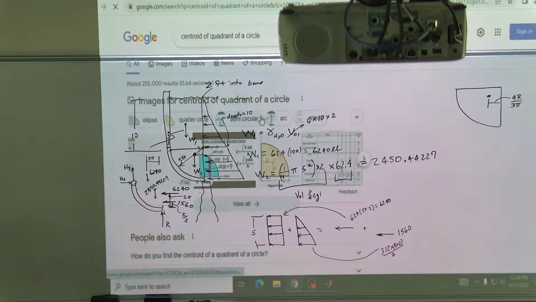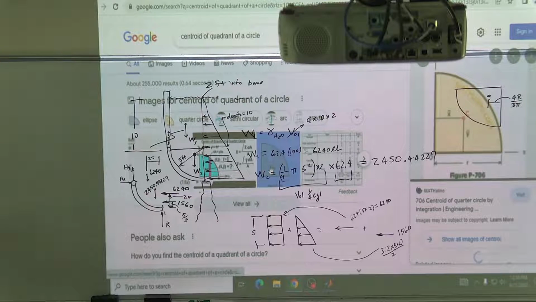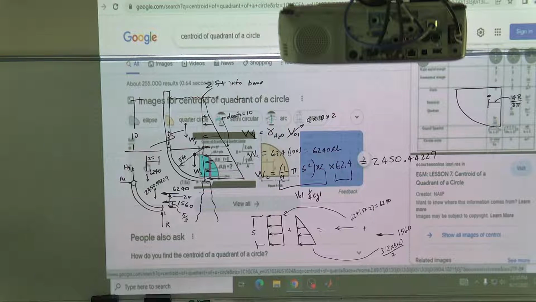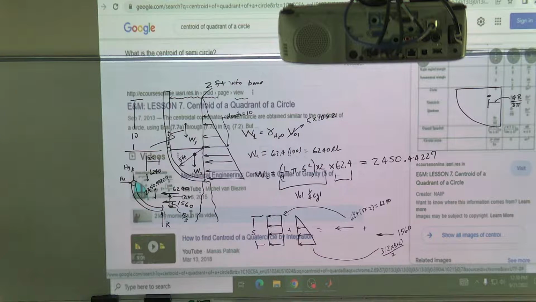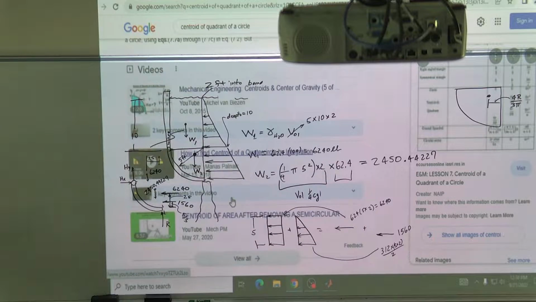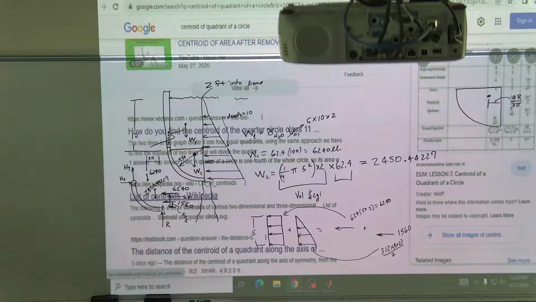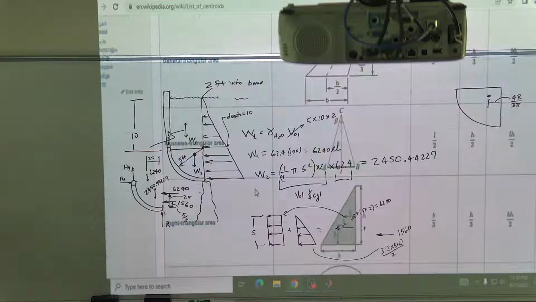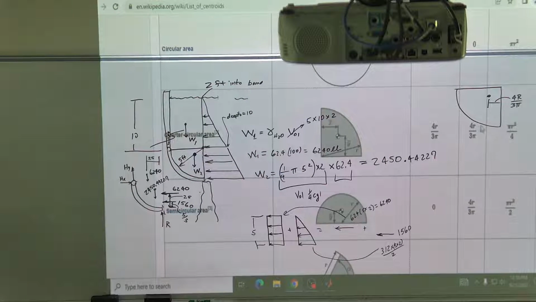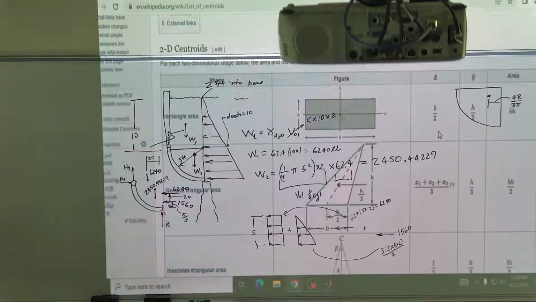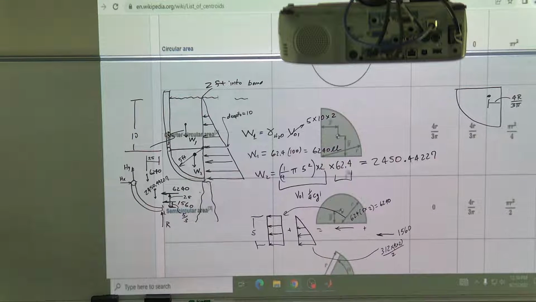There you go. Let's see, there it is. So there you go, right there: 4r over 3 pi. So that's the X bar and the Y bar. Makes sense, because if you flip it over, it's the same. So it is 4r over 3 pi.